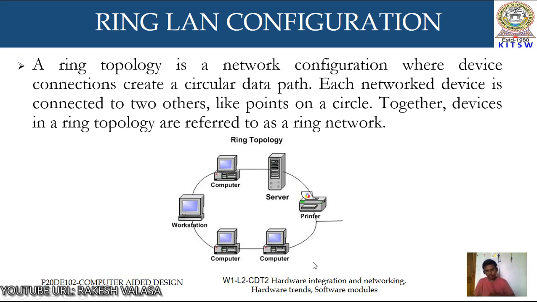In a ring network, packets of data travel from one device to the next until they reach their destination. In this ring LAN configuration, it transfers data from one system to another in a circular path. Most ring topologies allow packets of data to travel only in one direction, called a unidirectional ring network.